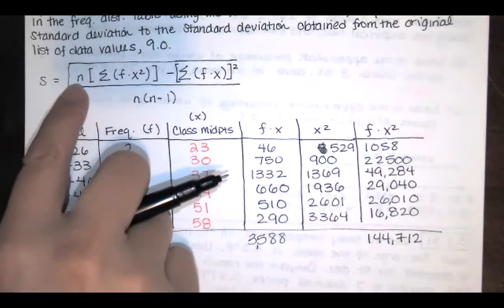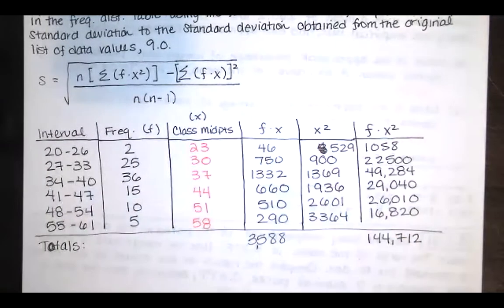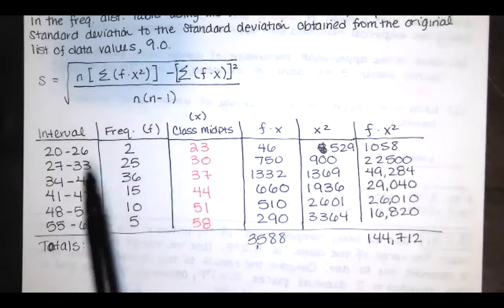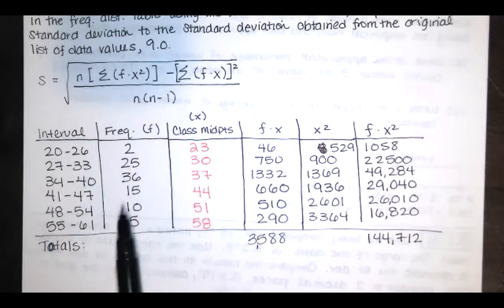And now I need n. Now you might think that you don't have enough information here to find the sample size, but you actually do, because we had 2 values in this class and 25 values in this class and 36 values in this class and 15 values in this class and so on.